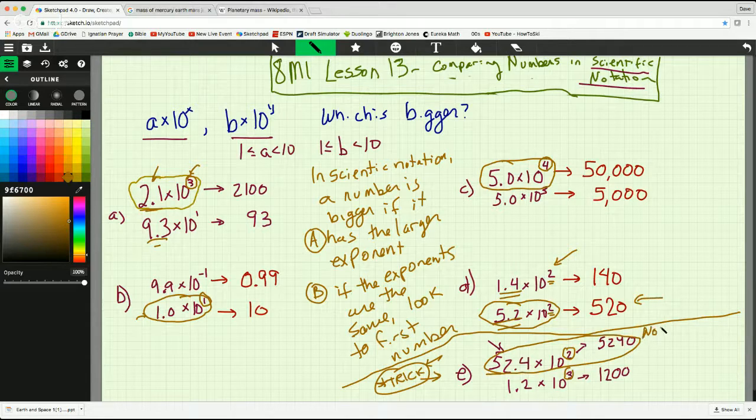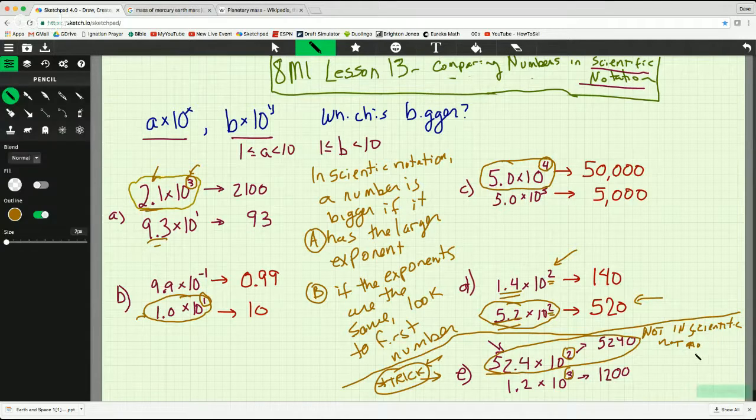Whoops, I misspelled the word notation. So remember, the rule when you compare numbers in scientific notation is that both numbers have to be in scientific notation. This number is too large.